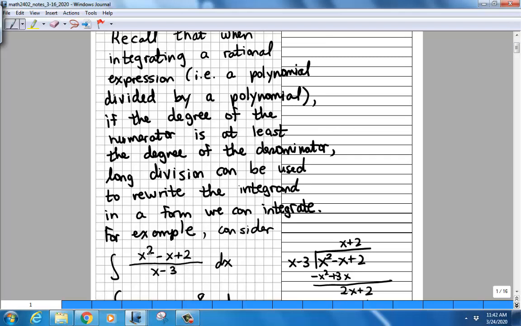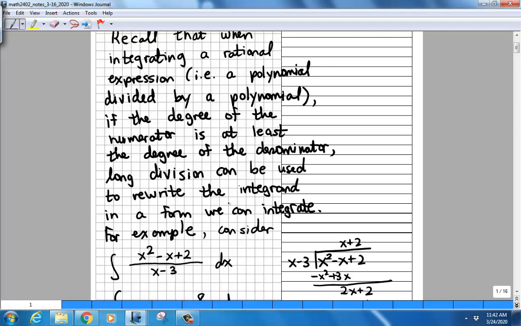Remember, that's when you have a polynomial in the numerator divided by another polynomial in the denominator. We've already been integrating rational expressions from very early in the course, so this is not a new type of integrand, but it will be a new technique for attacking this type of integrand.